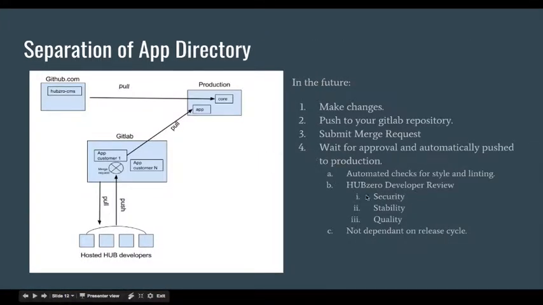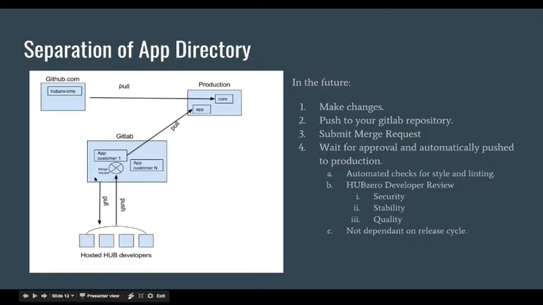To solve this problem, I've introduced a new model, and we'll communicate this out when we are set up to do that. Currently, Hubzero.org is running this model, where the app directory is its own repository from the core directory.